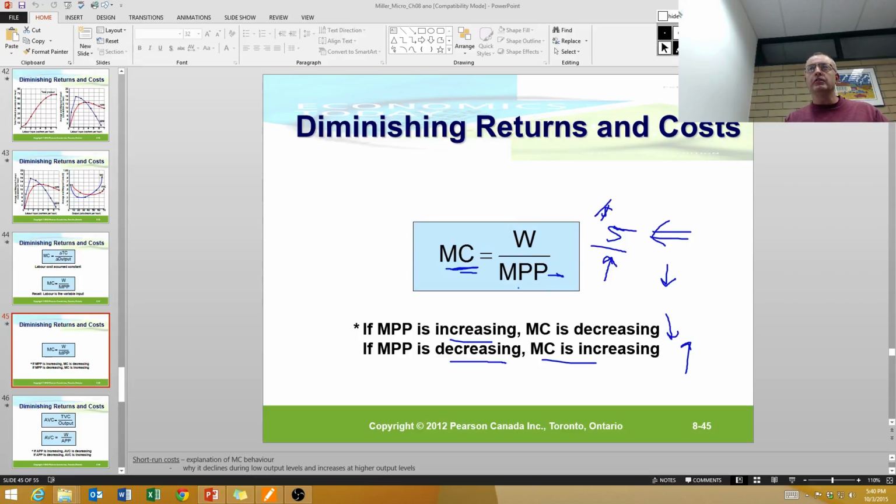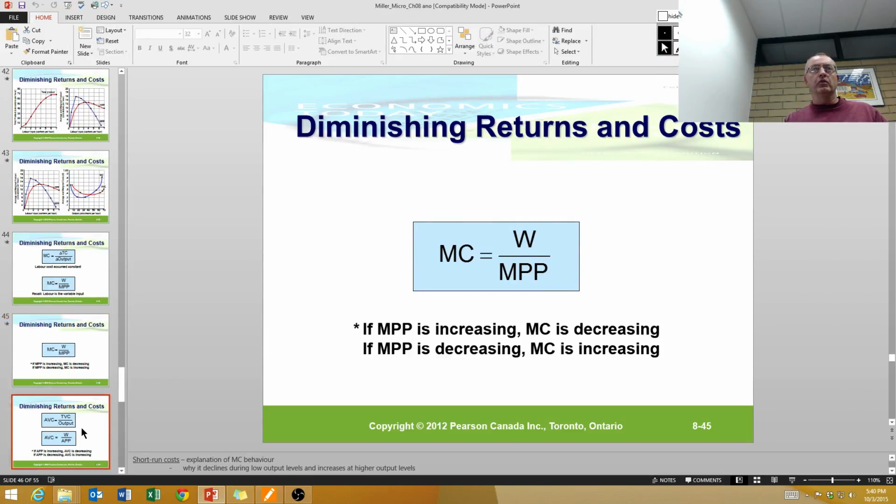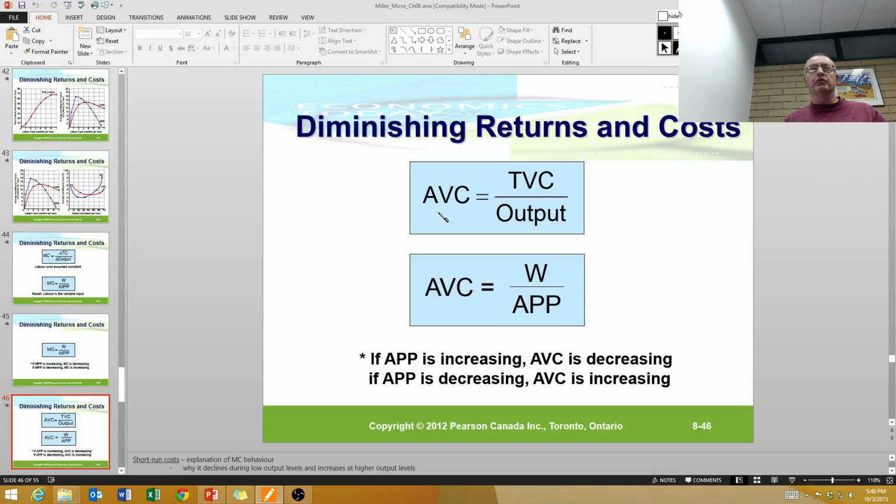And the same principle applies to explain the U-shape of the average variable cost curve. So again, we have two formulas for the average variable cost. We have formula number one that we looked at in the first half of today. So average variable cost is simply total variable cost divided by total output.